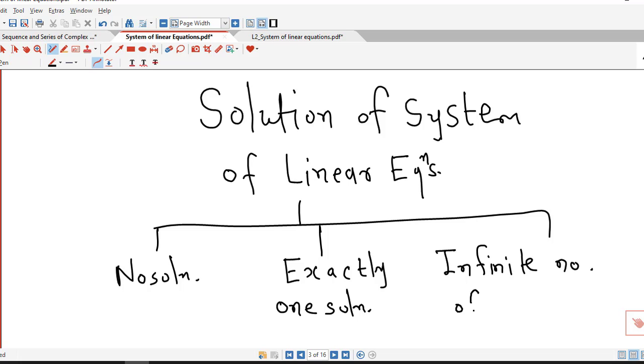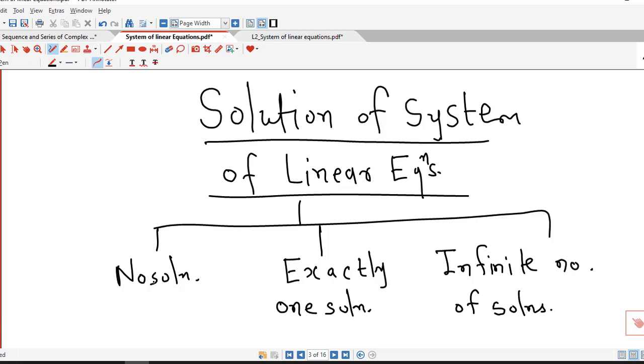So for any linear system, there are only three possibilities for the solution. In the upcoming lecture we are going to discuss different methods of solving systems of linear equations.